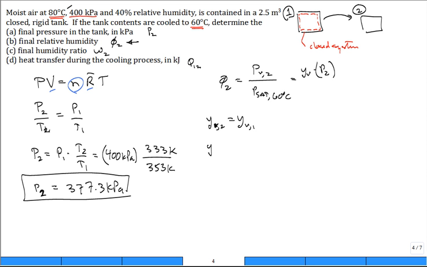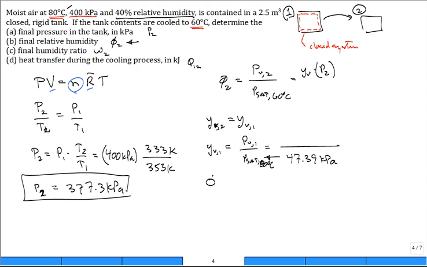The mole fraction of the vapor at state 1, because it's 40% relative humidity, is that going to be the PV at 1 divided by Psat at 1? What is Psat at 80 degrees C? The saturation pressure at 80 degrees C is 47.39 kPa. What is the relative humidity?